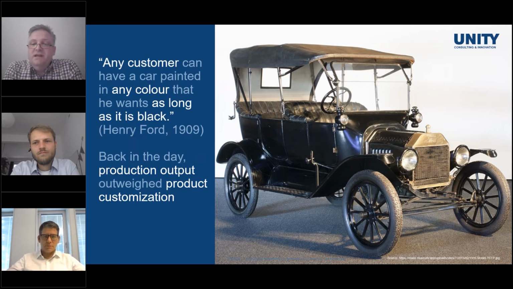This means the key starting point of mass production was, in the end, not very flexible. It was really flexible in getting products manufactured and produced, but not with a big variance and variety. So it was more one standard product.